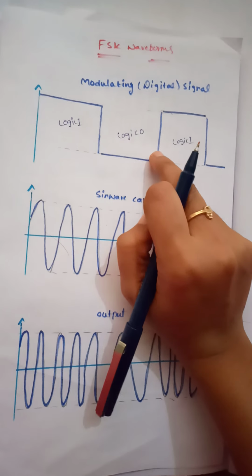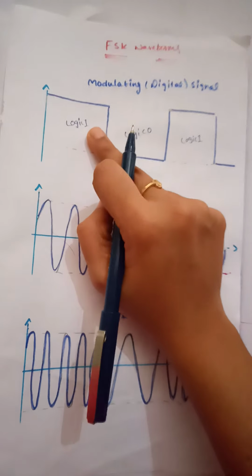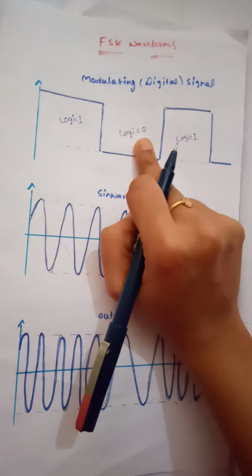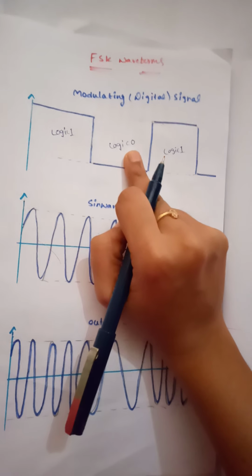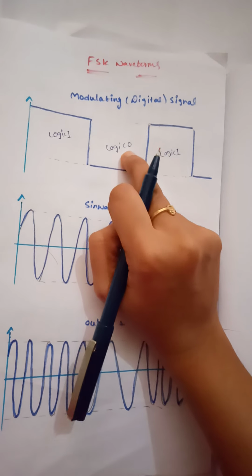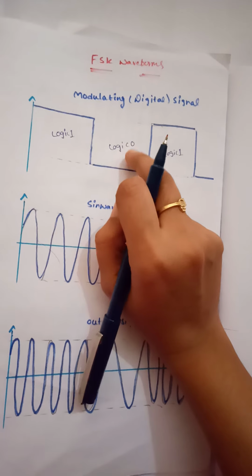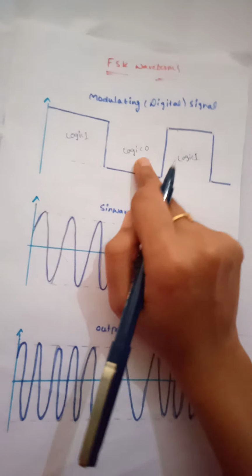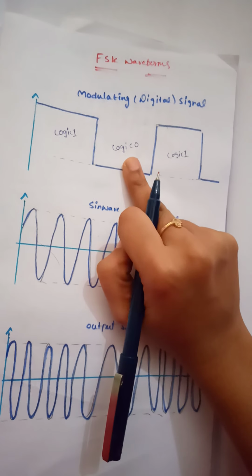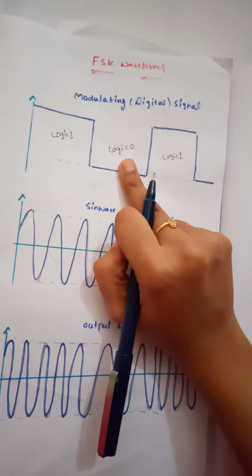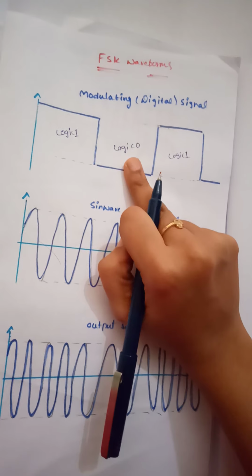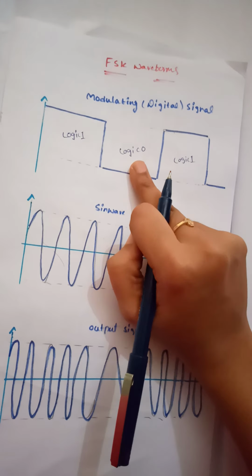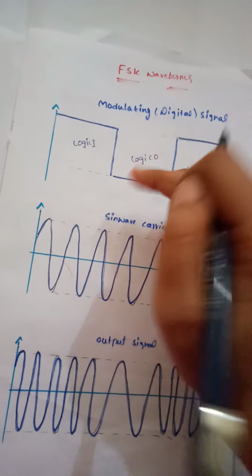In case of logic 1, it indicates the mark frequency. In case of logic 0, it indicates the space frequency. If there is a discontinuity in phase when the frequency is shifted between the mark and space values, then the form of frequency shift keying used is said to be non-coherent, and otherwise it is called coherent.